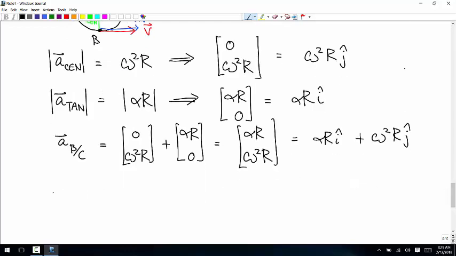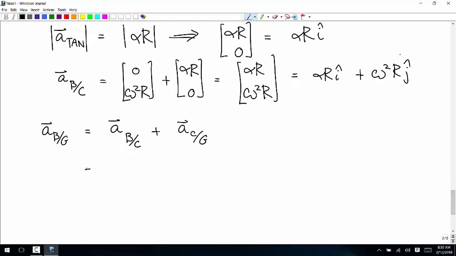And now we can use relative motion. Acceleration of the bottom relative to the ground is equal to acceleration of the bottom relative to the center plus the acceleration of the center relative to the ground. We've calculated both of those now, so bottom relative to the center is alpha r, omega squared r.